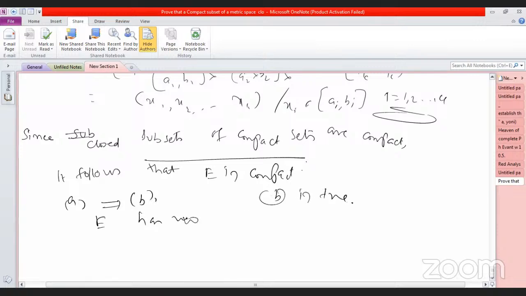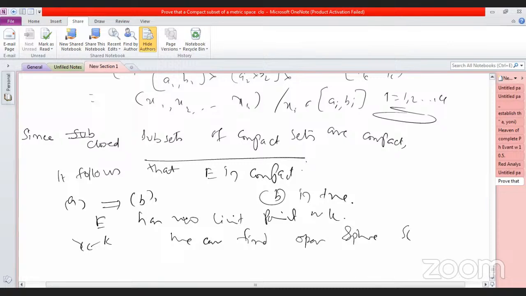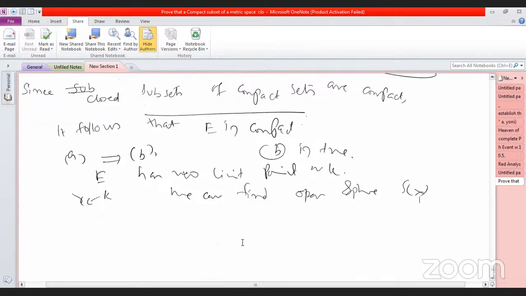Suppose E has no limit point in K. So therefore x belongs to K, and we can find an open sphere S of x which does not contain a point of E other than x.